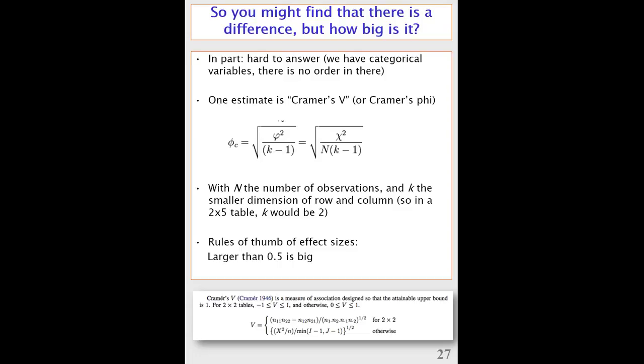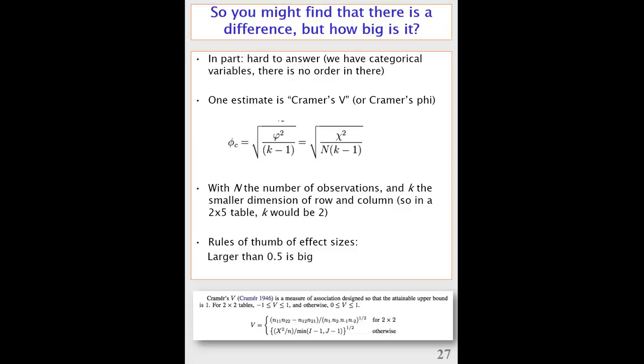And you do that by that k minus 1 over here. K is in fact the smaller dimension of row and column. So if you have a 2 by 5 table, the smallest of that is 2, and then k minus 1 would be 1. And this is compensating for the fact that a long list of squared differences is likely to get a big number. So this is why we divide by something related to k.